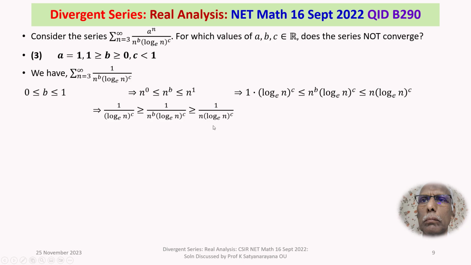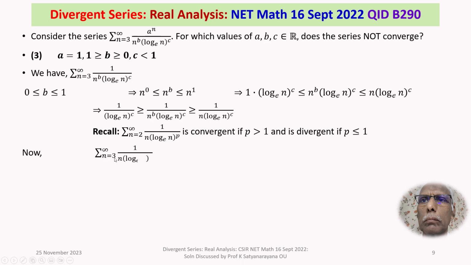Now take this one and recall the sum from n equals 2 to infinity of 1 by n (log n to the base e)^p. This is a very well known series, whose result we are utilizing here: it is convergent if p greater than 1 and it is divergent when p less than or equal to 1. So in our case it is c. If c is less than 1, it is divergent.